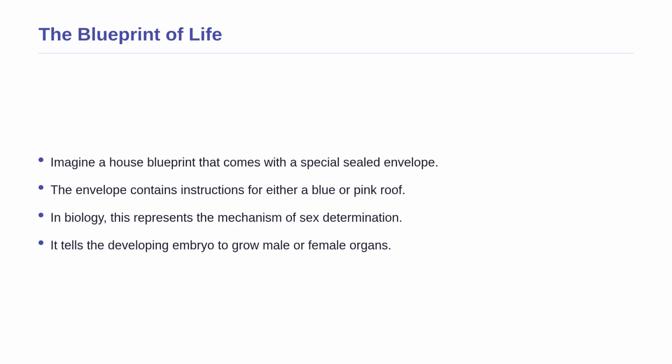It is the specific set of instructions that tells a developing embryo whether to grow male or female reproductive organs. For a long time, people thought this was just random chance, much like flipping a coin in the dark. However, nature has very specific, highly organized rules for making this critical decision.